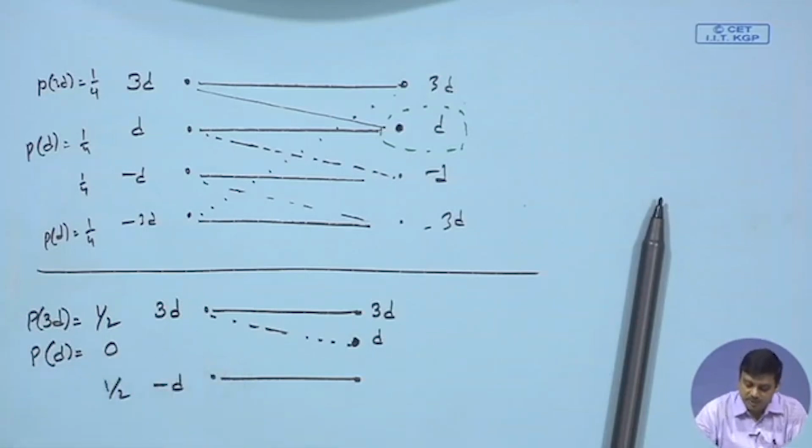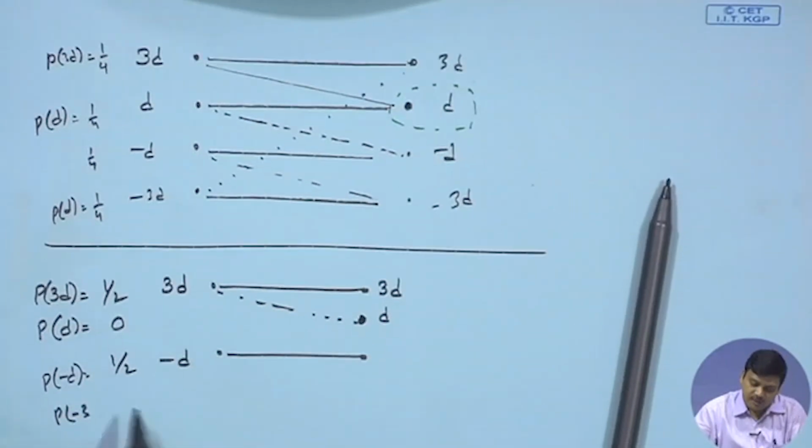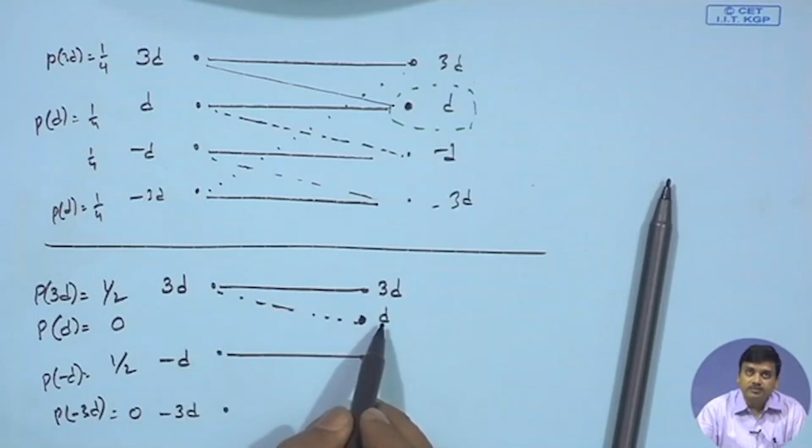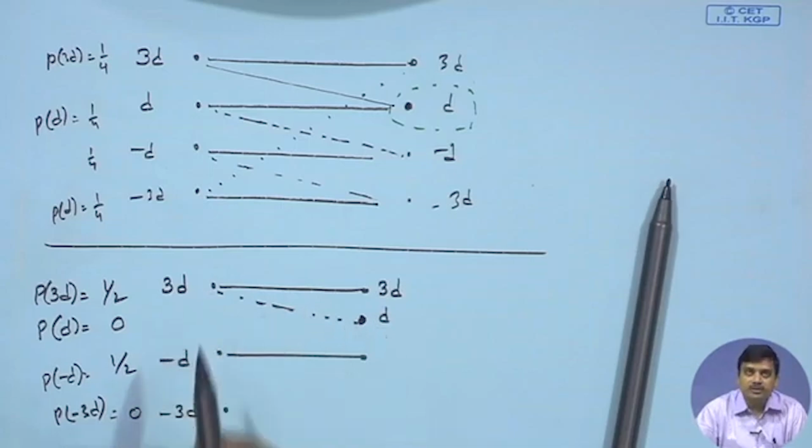So, the probability of D being 0 means I do not send D, the probability of minus D is equal to half, and the probability of minus 3D is again 0. Now what you see is that 3D sent will be received as 3D or D. So, if I receive D, I am sure that 3D has been sent.